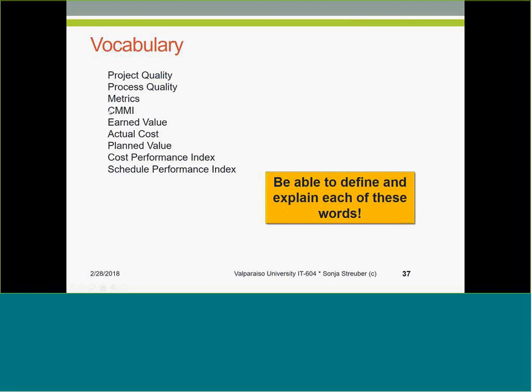Earned value, actual cost, planned value. The cost performance index and schedule performance index. Looking at budget at completion and estimates and all of those parts of earned value management in a little bit more detail.